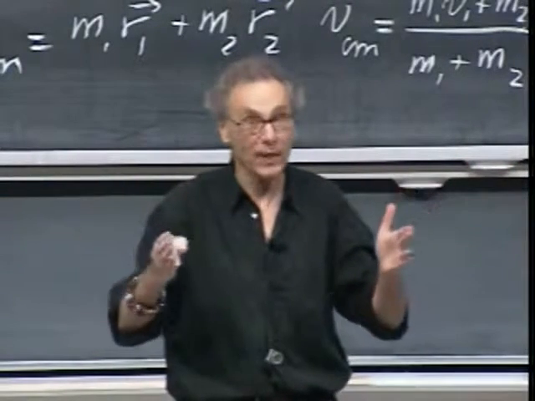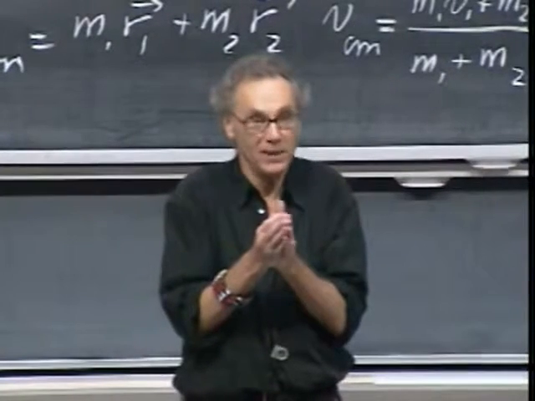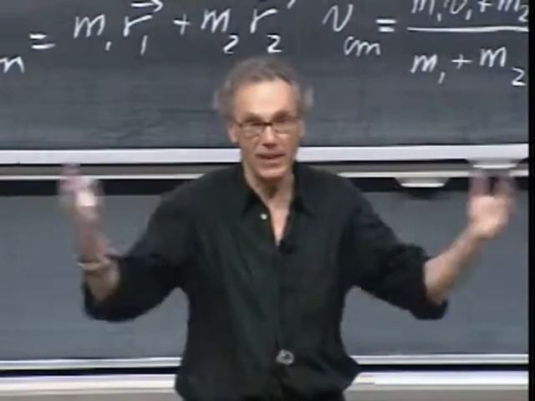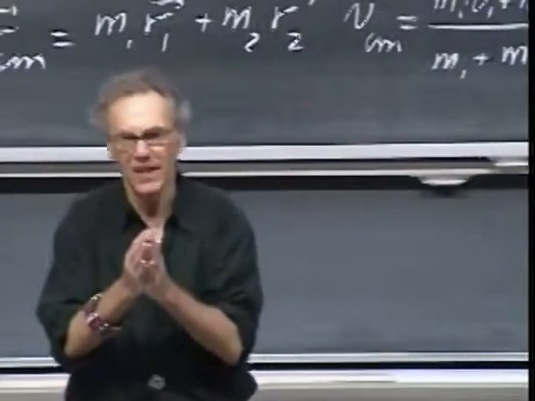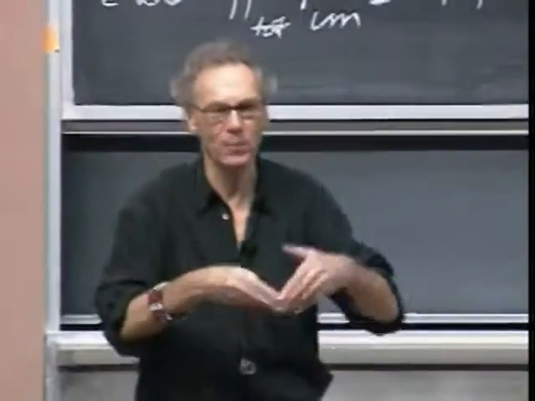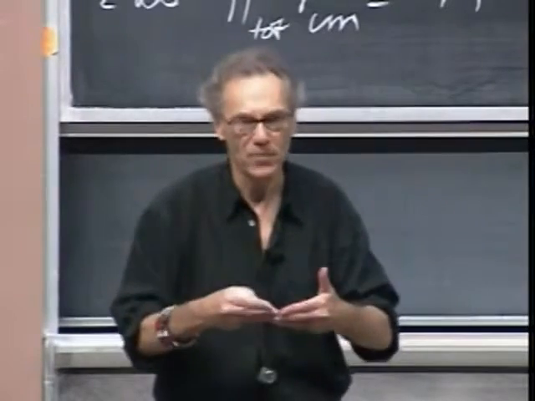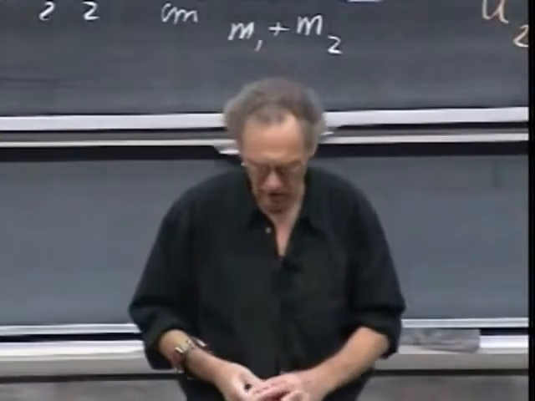They get stuck together, because it's a completely inelastic collision. After the collision, they stand still. That means all the kinetic energy that was there before is destroyed. And this kinetic energy, as observed in the center of mass frame, we call the internal energy.